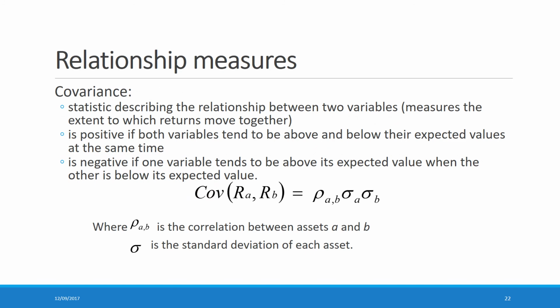We talked about variance and individual asset risk before. Now we talk about relationship. How do we measure the relationship between different assets in the portfolio? Our first measure for relationship is the covariance, which tells us how one asset moves together with another asset.